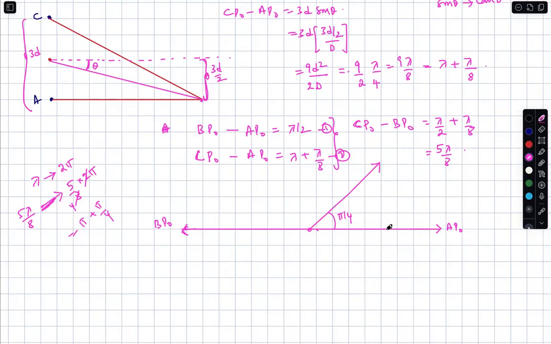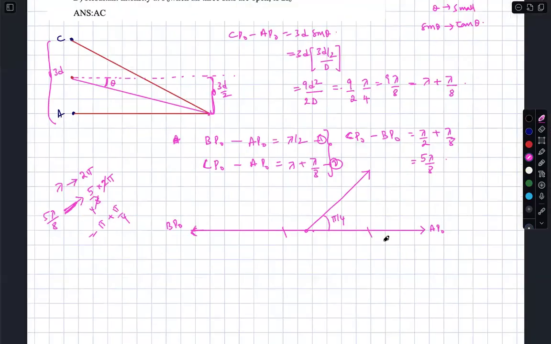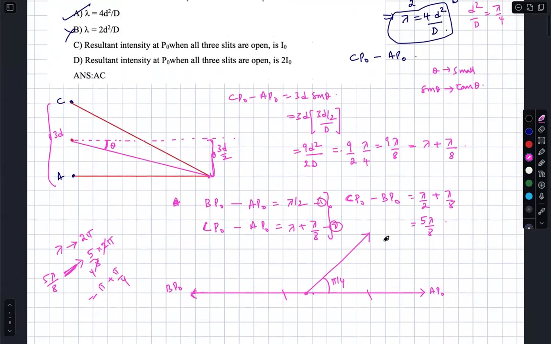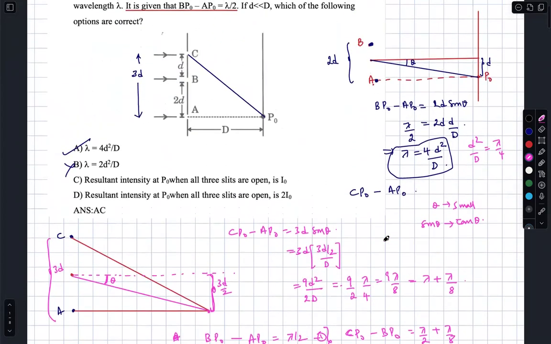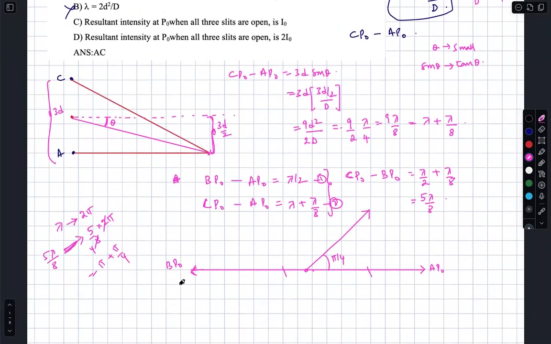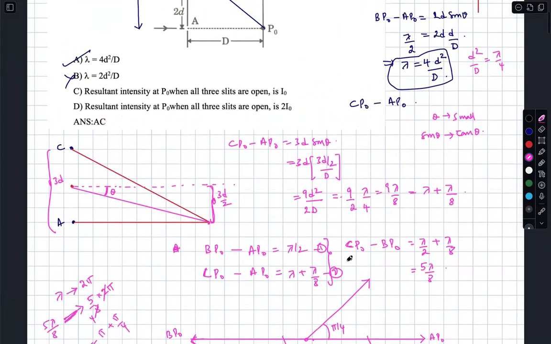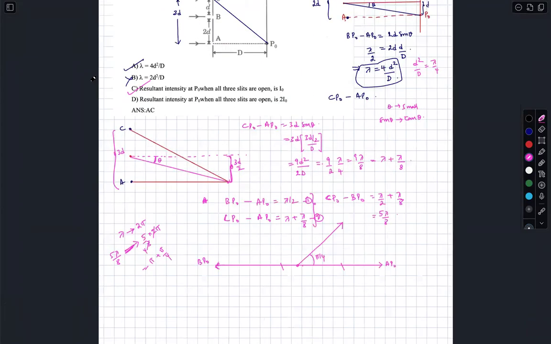Remember, this and this will get cancelled. You will have only one. So therefore, the resultant intensity at P naught when all three slits are open, you will get only the intensity due to one light, because these two phasors get cancelled. So therefore, the resultant intensity at P naught will be only I naught.